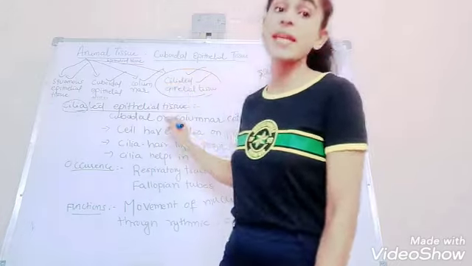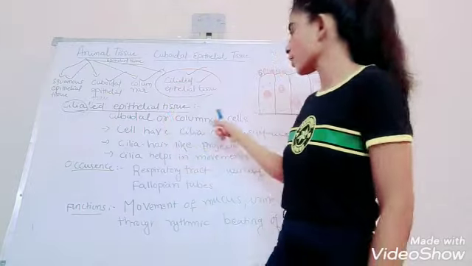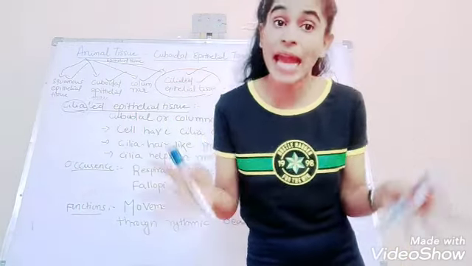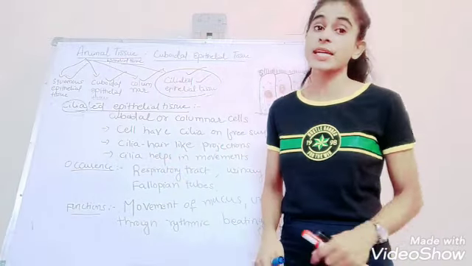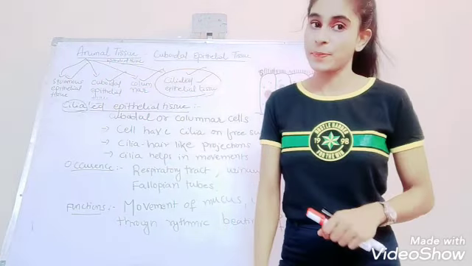But the most important thing is that they have the hair-like projection called cilia, and from that the name ciliated epithelial tissue is given.